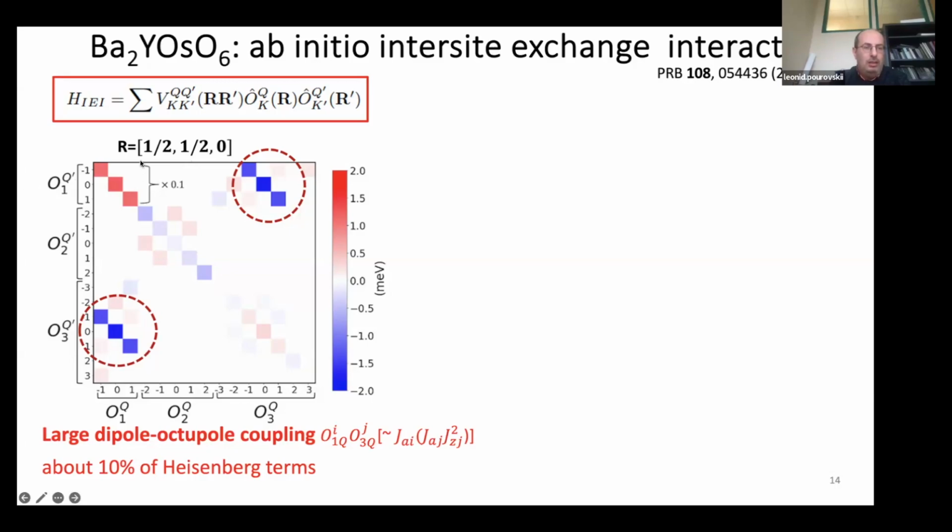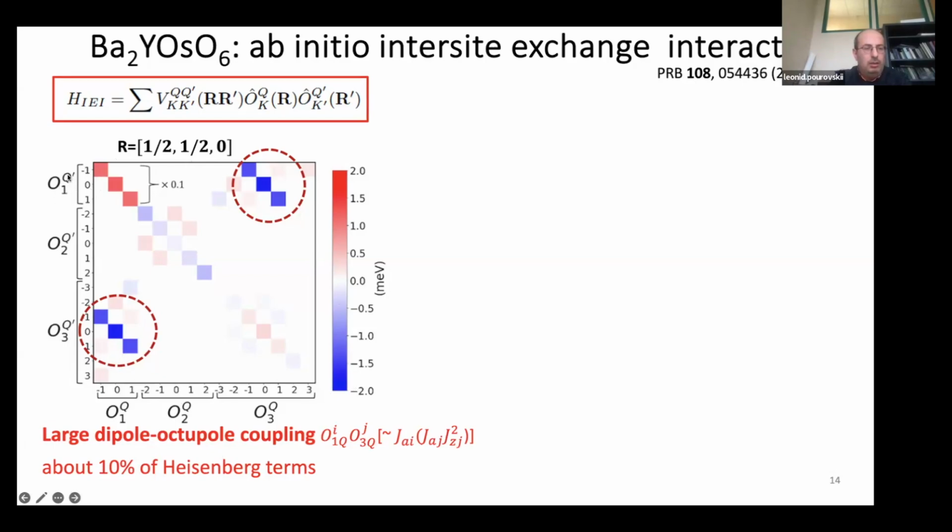So I present it as this kind of color map where bright red color corresponds to strong antiferro coupling and blue color corresponds to strong ferro coupling. And what one sees is that, of course, as expected, there is very strong antiferro coupling between dipole moments. This is this square.